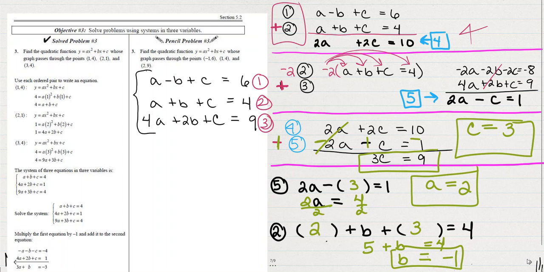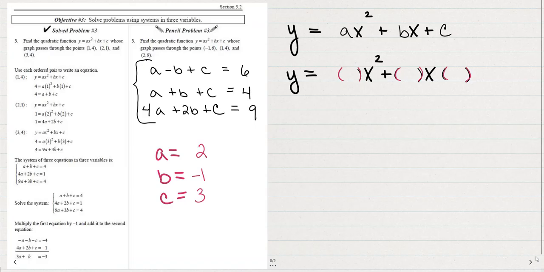Let's take those three values, 2, negative 1, 3, and that's our solution. And this 2, negative 1, 3 can now go into our original function, y equals ax squared plus bx plus c. In place of a, I'll put the 2. In place of b, I'll put the negative 1.